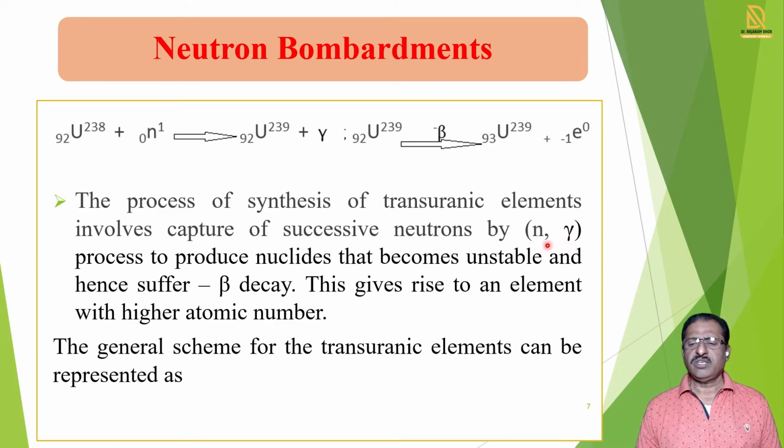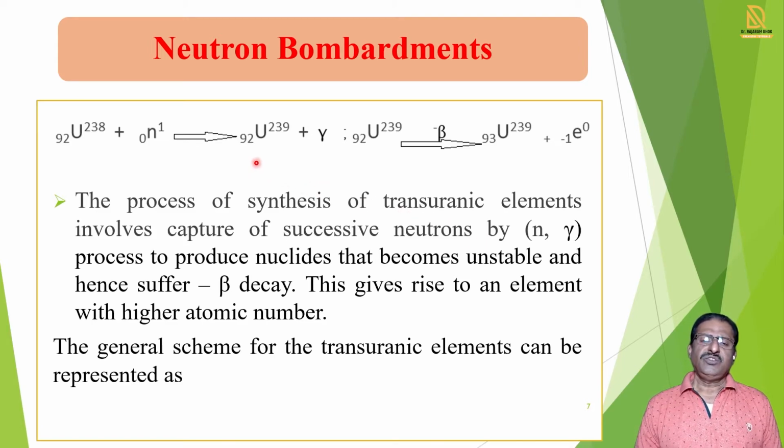And so when there is an N gamma reaction, meaning neutrons are bombarded, a new nucleus is formed that carries one mass unit more, and at that time gamma radiations are given off.